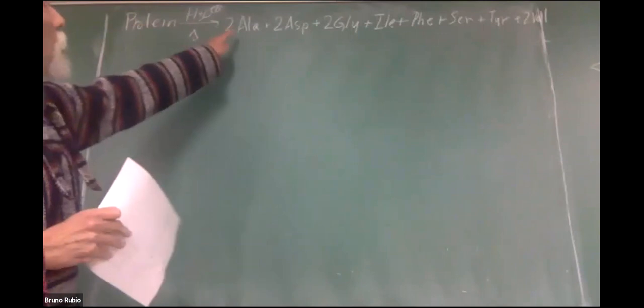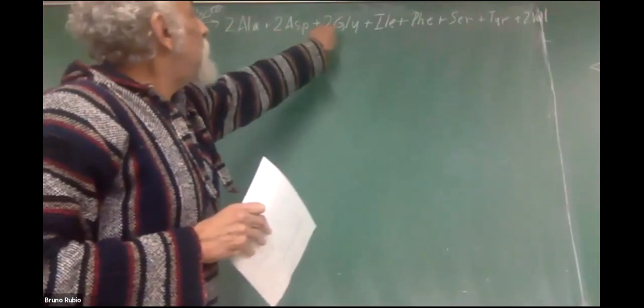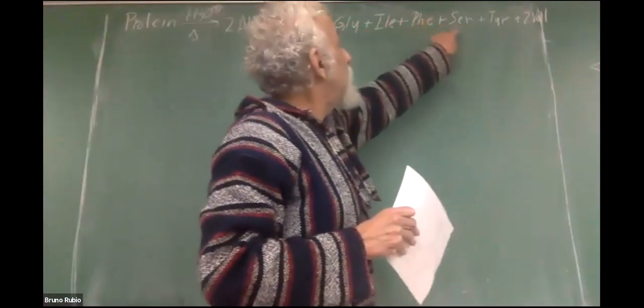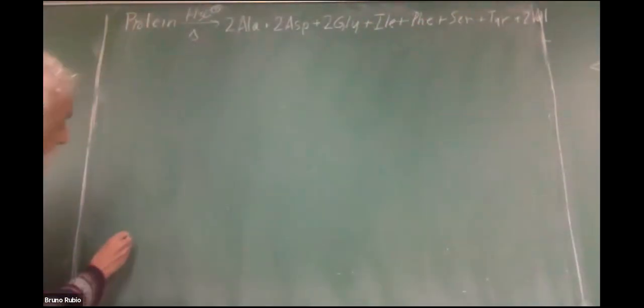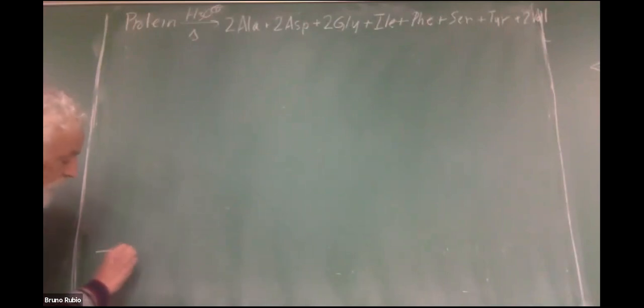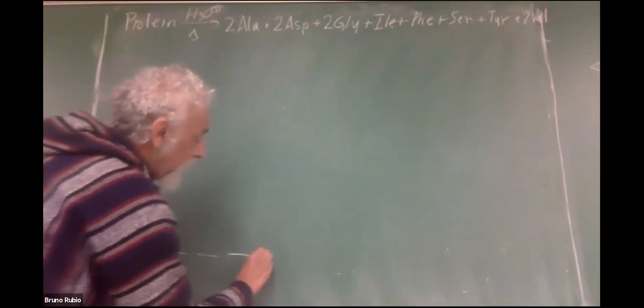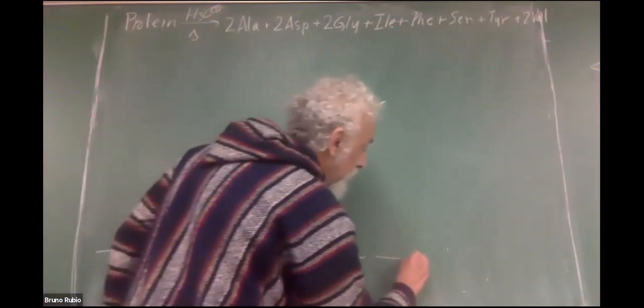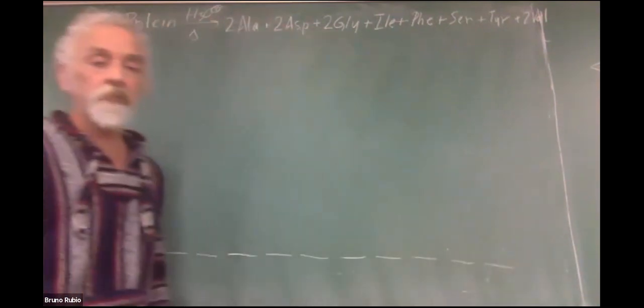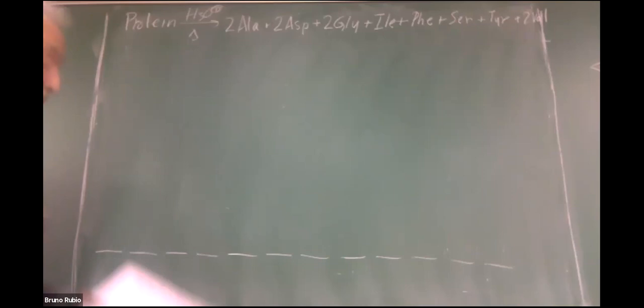Okay, 1, 2, 3, 4, 5, 6, 7, 8, 9, 10, 11, 12. So we're going to set up our little scorecard here of 12 blocks. So that's what total hydrolysis is telling us.